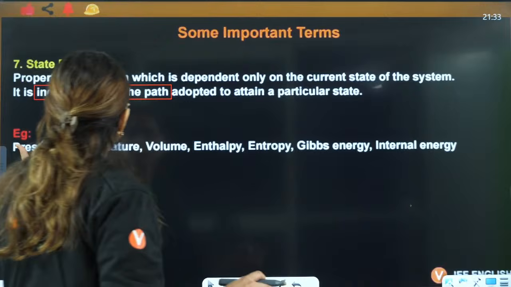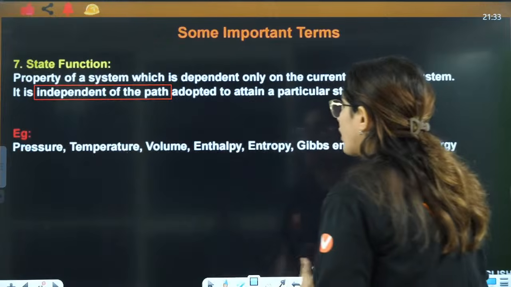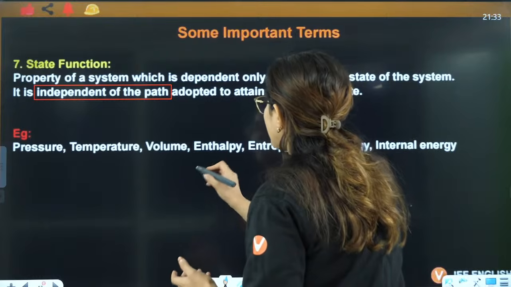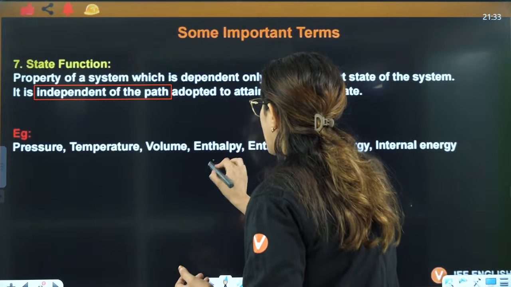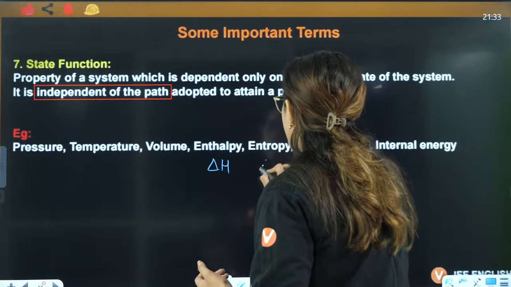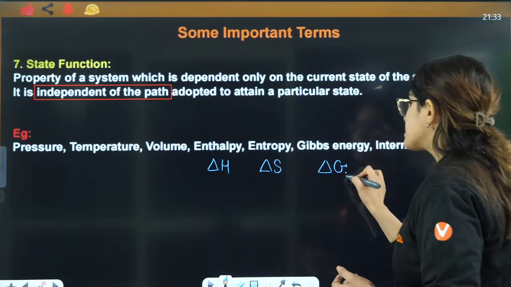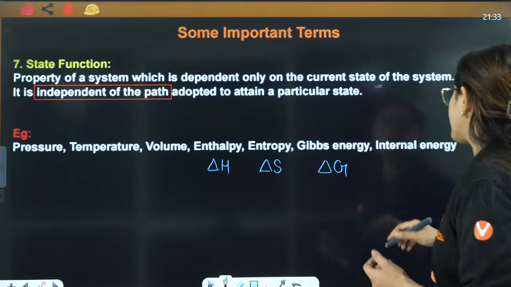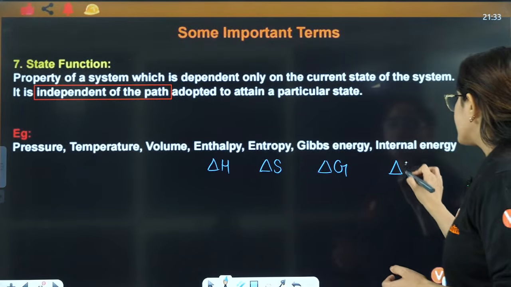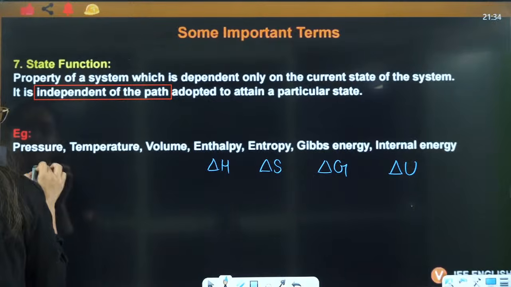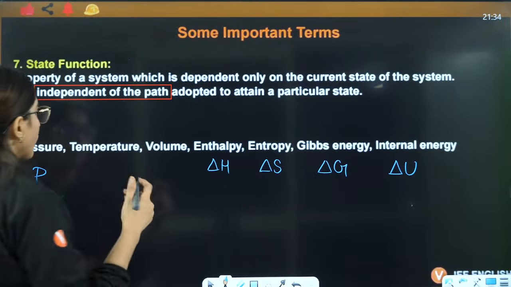For example, pressure, temperature, volume, enthalpy, entropy. This is very important. Enthalpy is represented by delta H, right? Entropy is delta S. Gibbs free enthalpy is delta G. We'll discuss all of them in detail, right? And internal energy is defined by delta U, right? Pressure is P. That also does not depend upon the path.